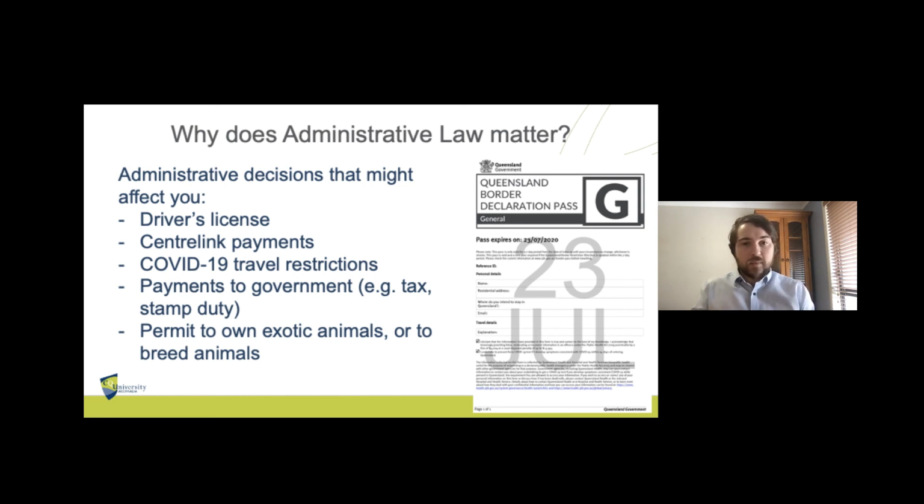More recently, with the coronavirus, we've seen a lot of travel restrictions, restrictions on numbers of gatherings and things like that. While some of this has been legislated and gone through the parliamentary process, a lot of these are executive decisions, because some states are operating under a state of emergency, but also the day-to-day restrictions on travel and the decision to allow some people to travel and not others is an executive decision.